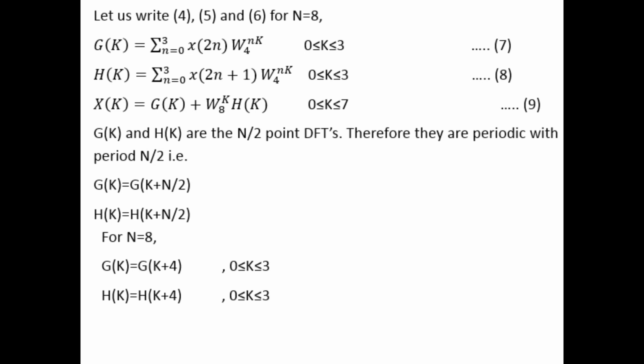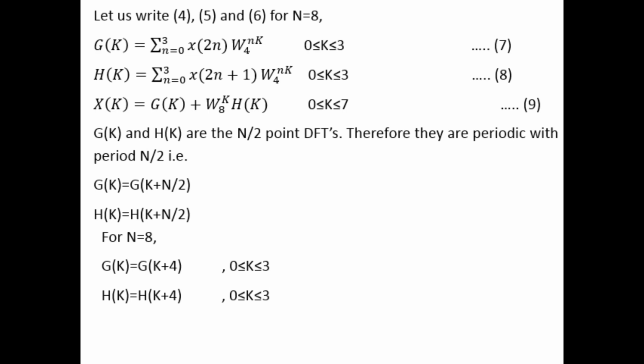The h of k is equal to summation n is equal to 0 to 3 x of 2n plus 1 omega 4 of nk, where k varies between 0 to 3. Equation number 8. Then x of k is equal to g of k plus omega 8 of k into h of k, where k varies between 0 to 7. We can call it as equation number 9.